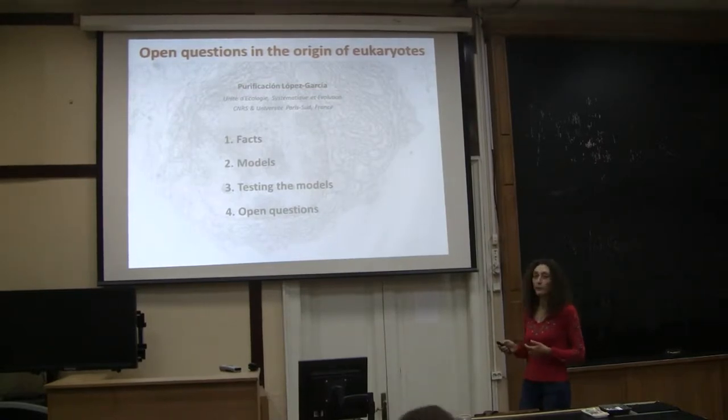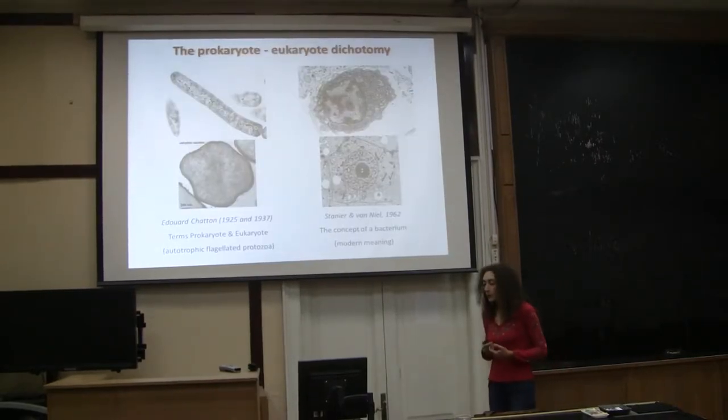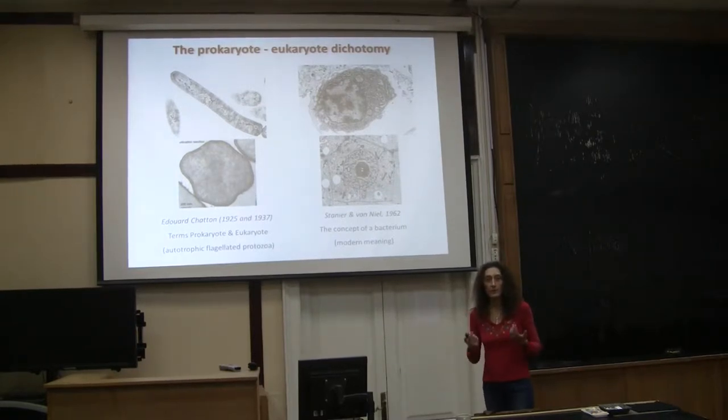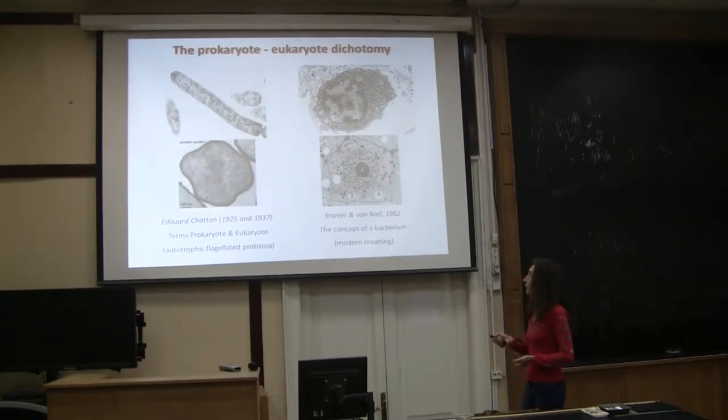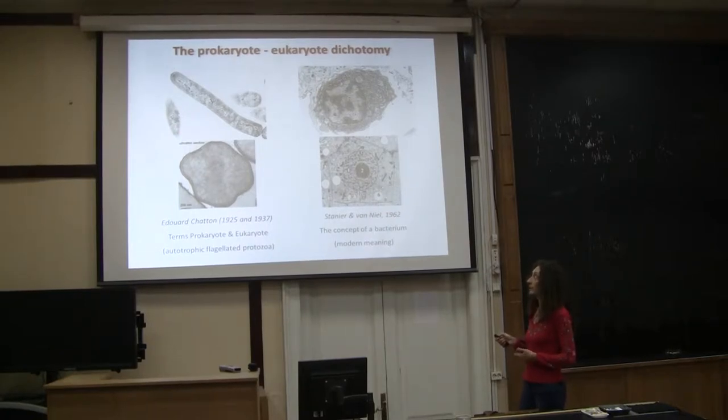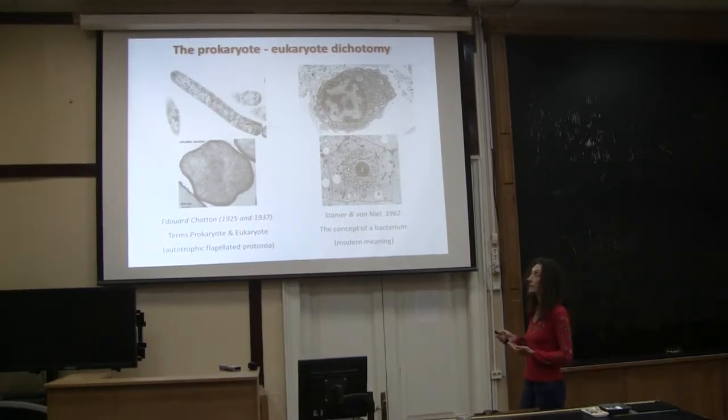So, first, the facts. There are two major structural types of cells on Earth. The prokaryotic cells, where you have the DNA, the genetic material, directly immersed in the cytoplasm of the cells, but there are not clear intracellular membrane structures in general, and the eukaryotes that have an endomembrane, a complex endomembrane system, defining, among other things, a nucleus that contains the genetic material, the chromosomes.